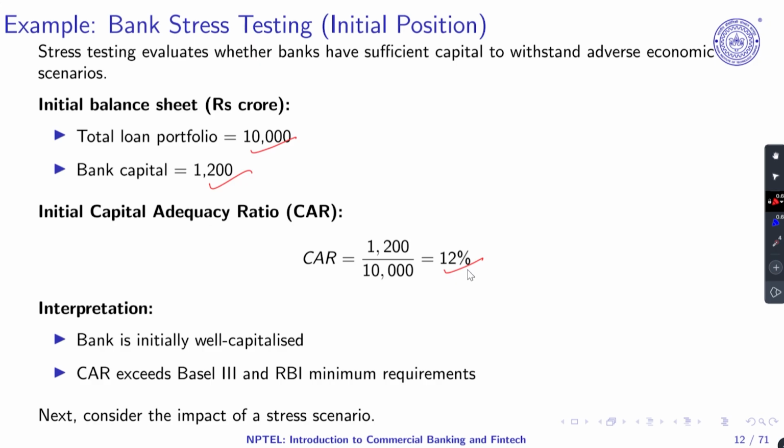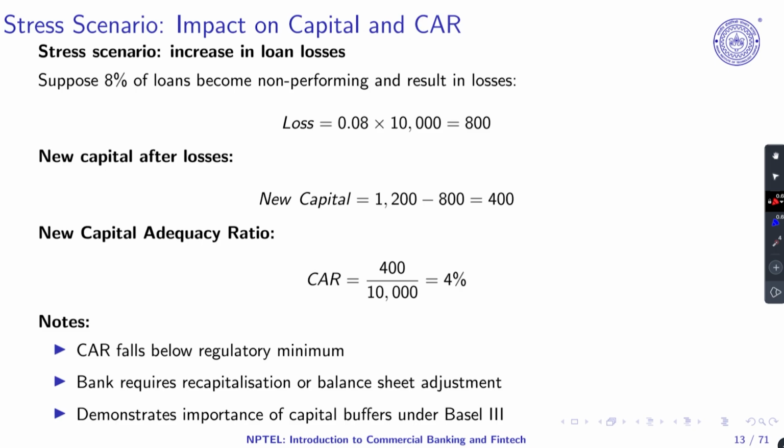But if a shock comes, in this case suppose an increase in loan stress, for example 8% of loans become non-performing and result in losses. So here the loss would be 8% of 10,000, which is 800. So you can think about it: the new capital will be how much? It will be adjusted for the 800 of losses. So you will have 4%.